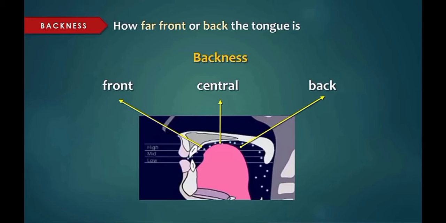Remember that E is a high vowel, but it's also a front vowel, while U is a back vowel.